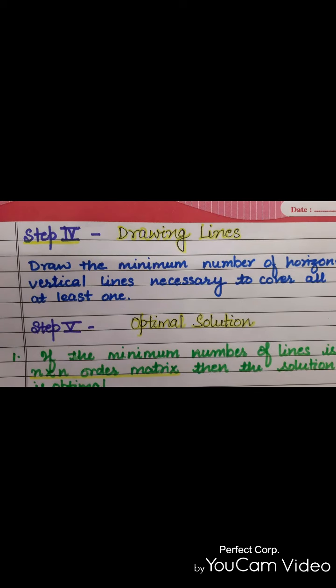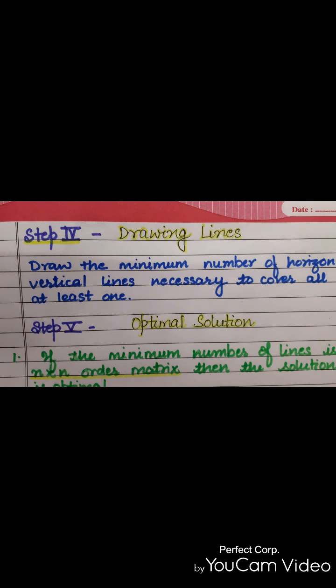Now let's discuss the fourth step of solving the assignment problem. In the fourth step, that means after checking the unbalanced and balanced condition, after deducting the row and column wise minimum elements, the assignment problem you obtained, through which you have to draw a number of lines which can cover all the zeros in the assignment problem, and those lines should be lesser in number.